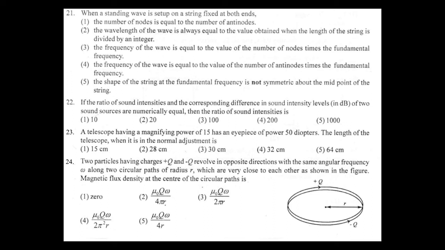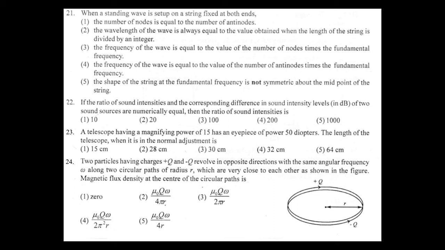So that also gives the direction of the magnetic field inside your book, and the value is mu naught I over 2r. So the total magnetic flux density is 2 times mu naught I over 2r.